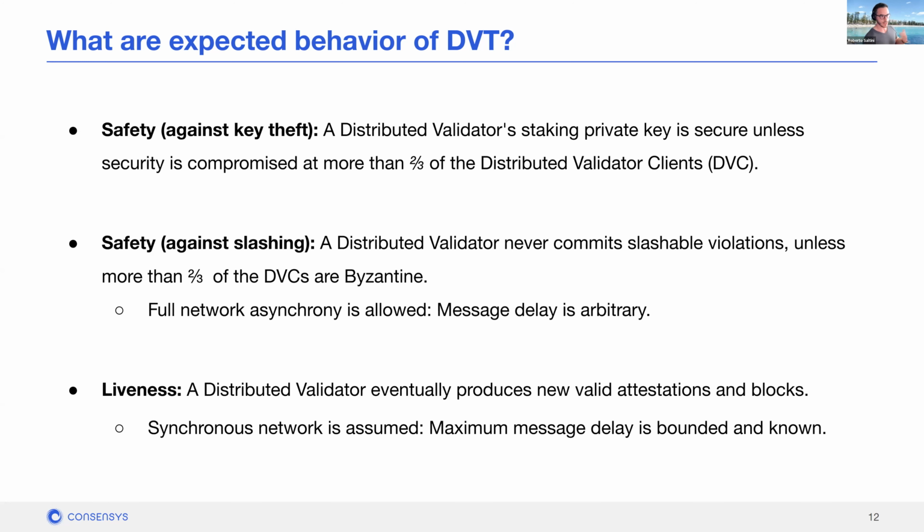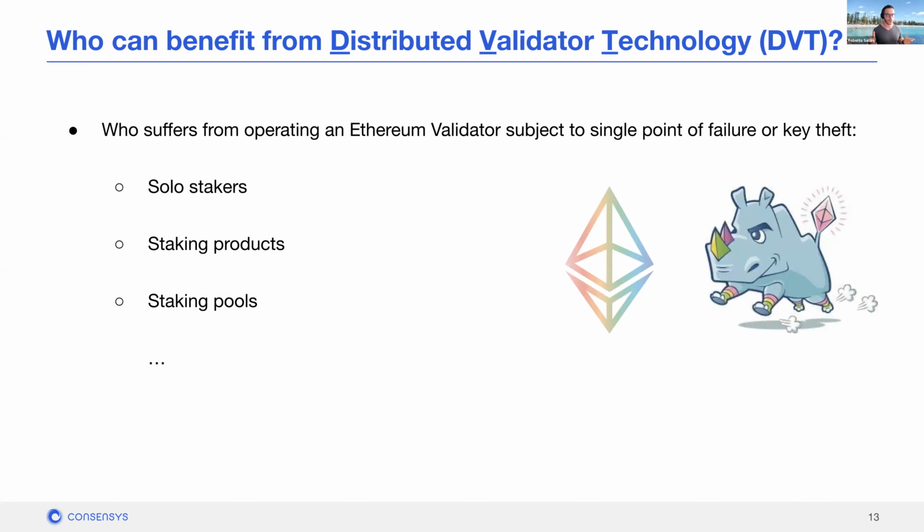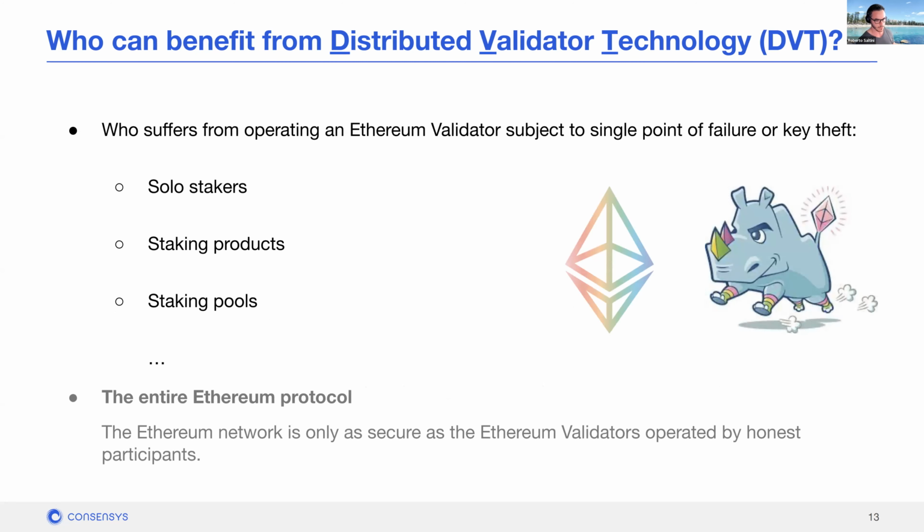So before I hand over to Thanh-Hai, I just want to close this section by talking about who actually benefits from this protocol. Well, of course, we have stakers, staking products and staking pools, but most importantly, the Ethereum protocol itself. This is because the Ethereum network is only as secure as the Ethereum validators operated by honest participants. The reason for this is that the security of the Ethereum protocol relies on the fact that 2/3 of the stake is in honest hands.